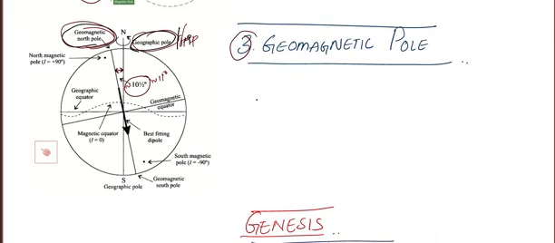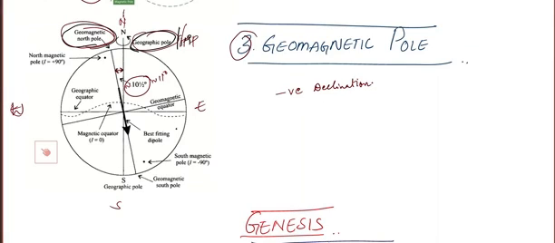Here we need to understand one thing. If you consider this north, south, and this is east and this is west, then if the inclination is towards the western direction, then it is negative declination.